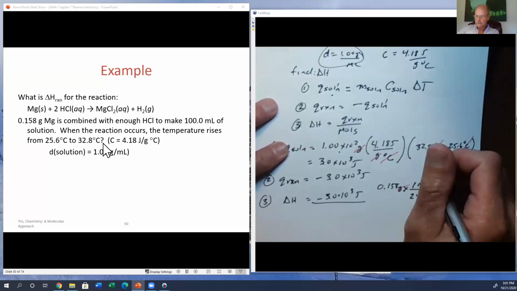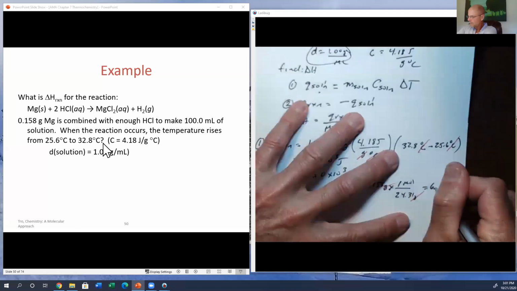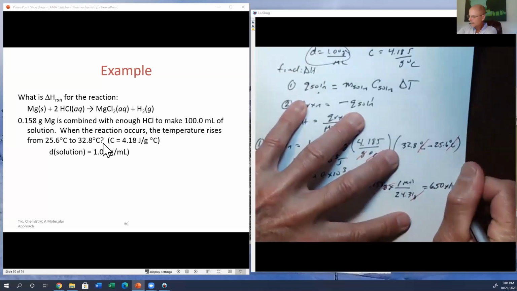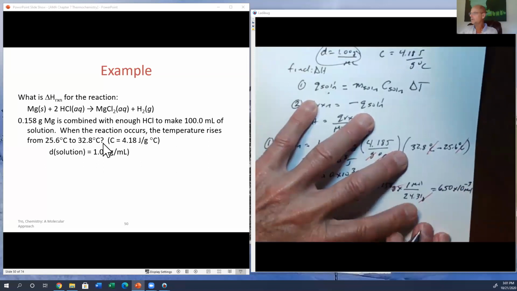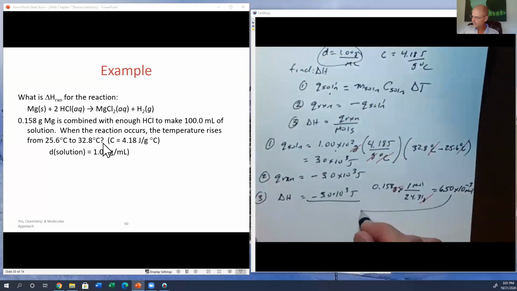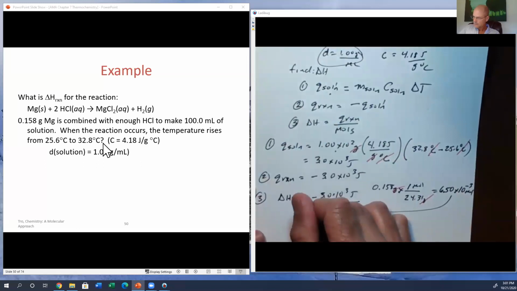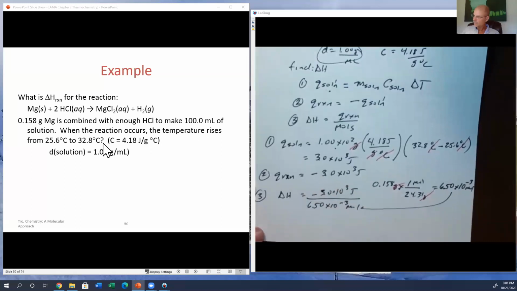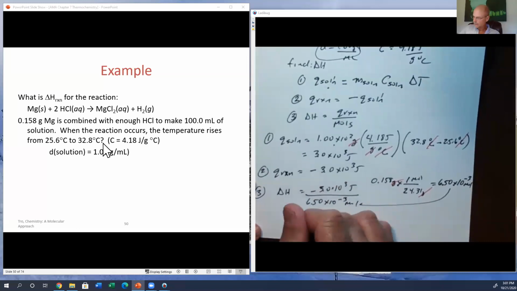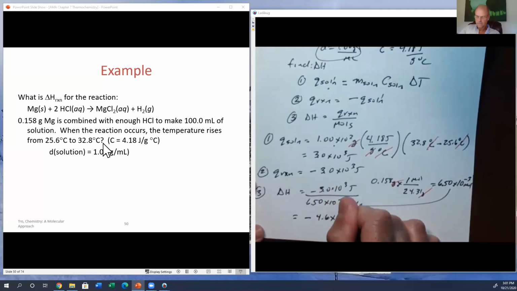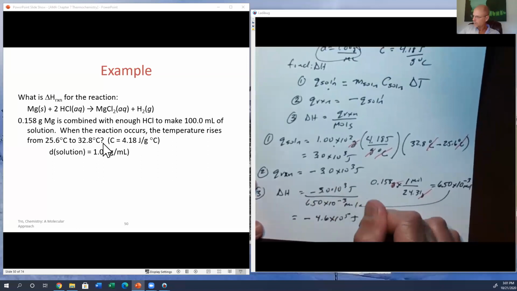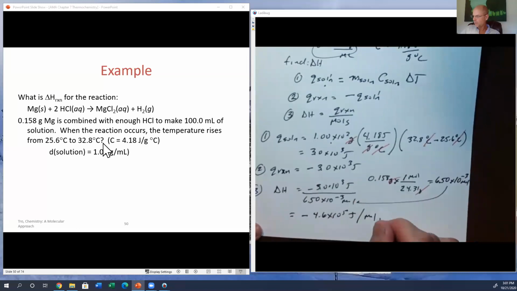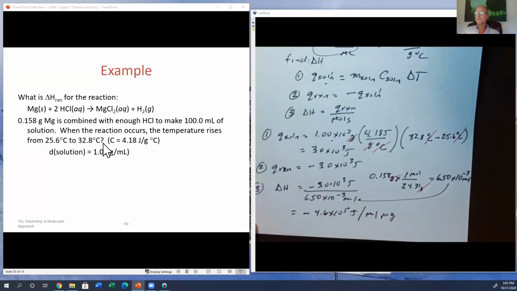That cancels, and I get 6.50 times 10 to the minus 3 moles. All right, so that's going to go there. 6.50 times 10 to the minus 3 moles, right? And so delta H is going to be equal to minus 4.6 times 10 to the 5th joules per mole. And that's per mole of magnesium, right?